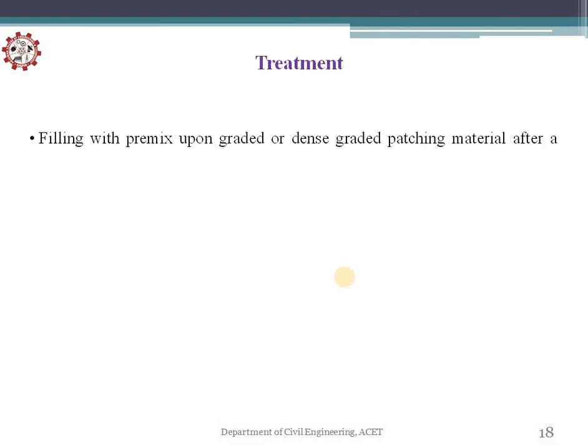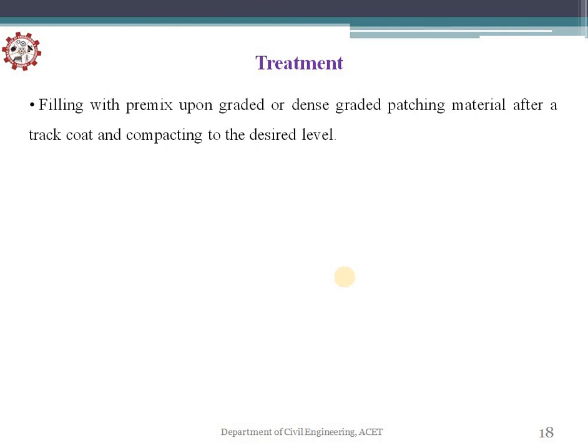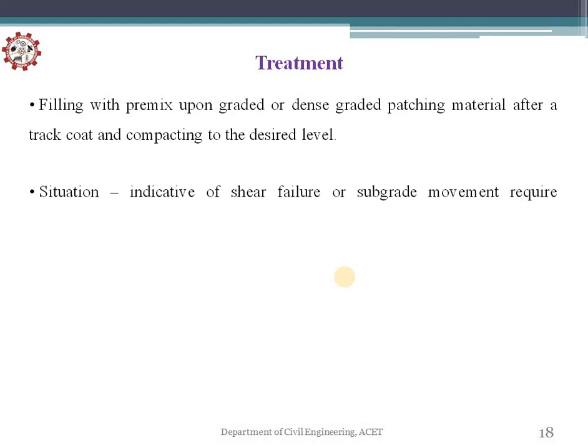Now what are the treatments? Filling with premix open graded or dense graded patching material after a tack coat and compacting to the desired level. So this has to be done. Tack coat means the wearing coat. So filling is properly done and grading of the patching is done on the surface coating at the desired level.